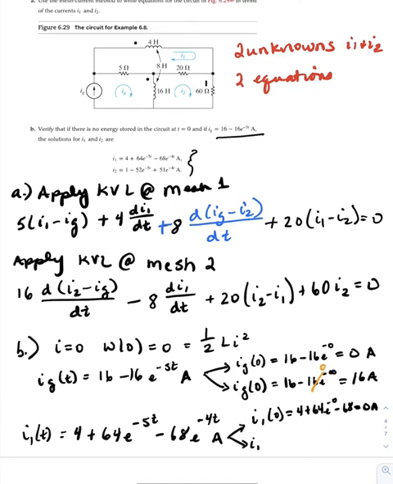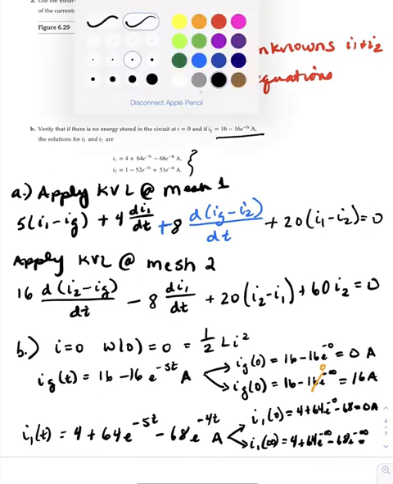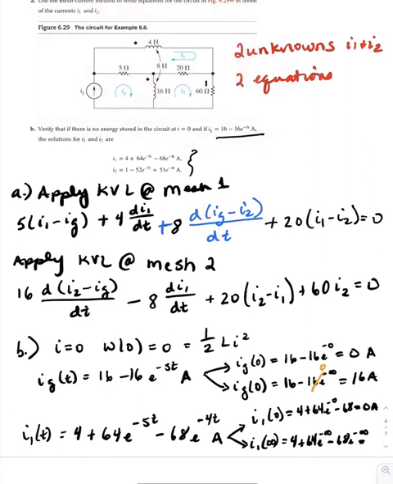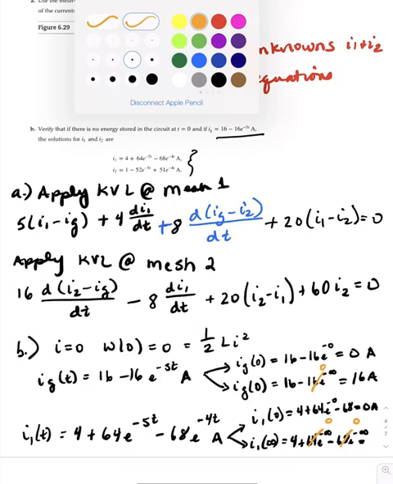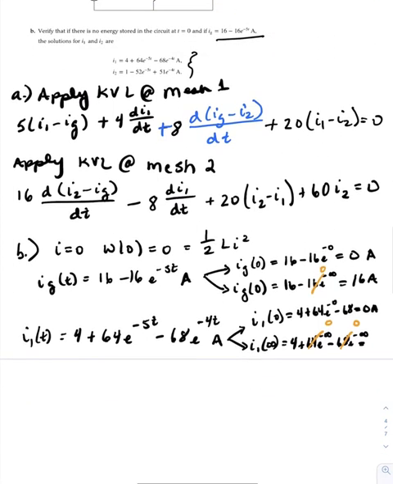And I sub 1 at infinity is equal to 4 plus 64 e to the minus infinity minus 68 e to the minus infinity, which would give us, this would be 0, this is 0. So that would be 4 amps.